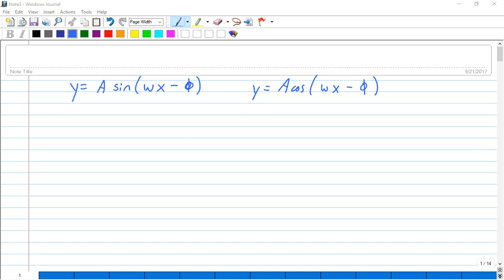So let's say that we had y equals 2 cosine of 2/5 x minus pi.